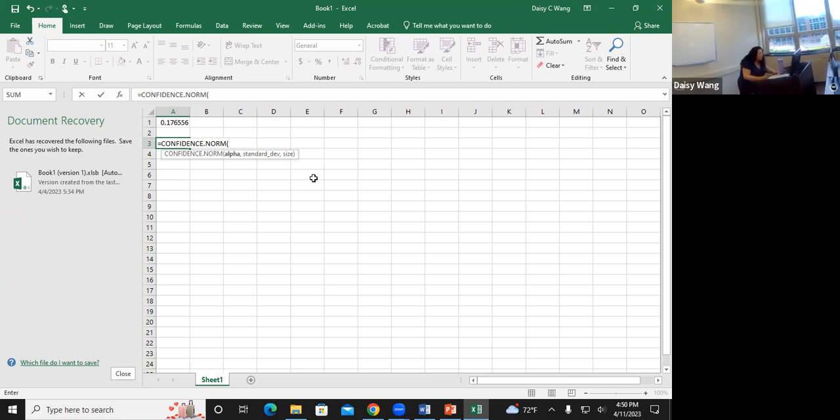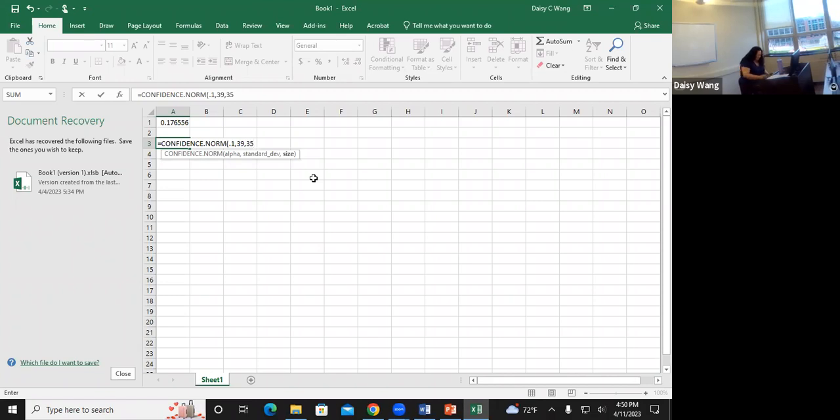The standard deviation is 39, and the size is 35.